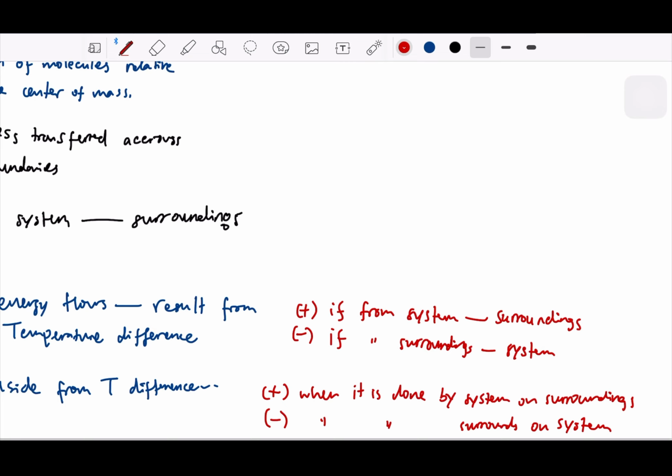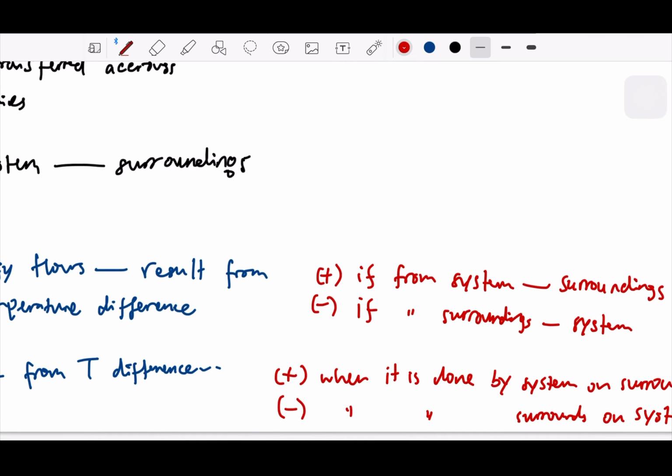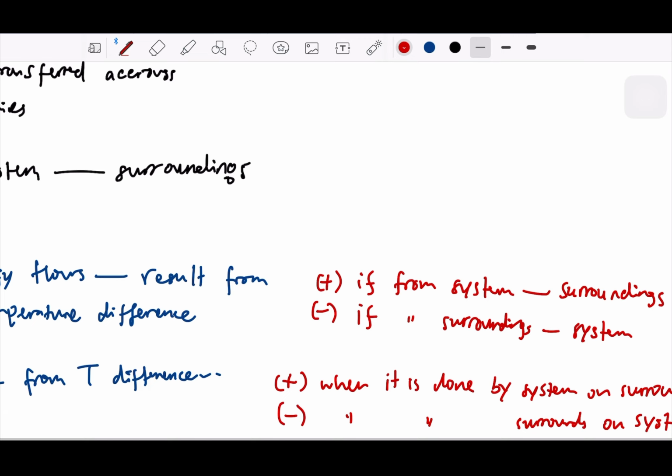So it depends on the perspective. But actually, this positive and negative is just an agreement. If you learn through other courses in other departments, probably they will switch this sign convention. Okay, but that's just an agreement.